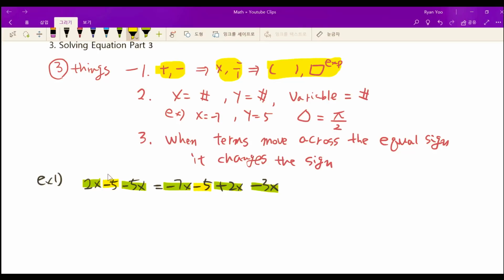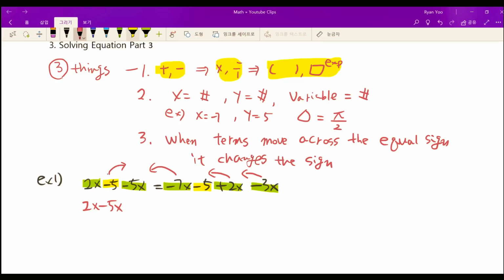Do you see that? So what we are going to do first is move the terms around. I am going to keep 2x and negative 5x on the left hand side, but the 7x, the positive 2x, and the negative 3x, I'm going to move to the left, and negative 5, I'm going to move to the right.